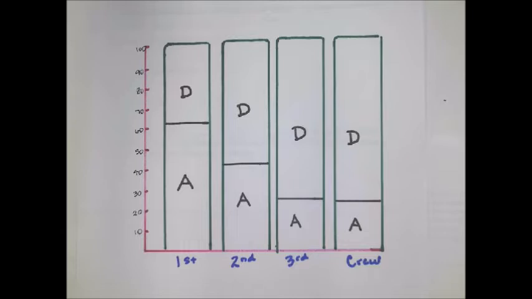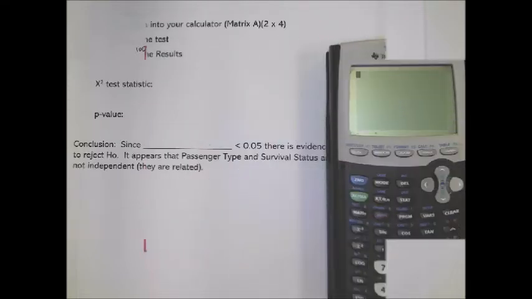But if they were in noticeably different places, we said the variables appear to be not independent. Okay? It matters what type of passenger you were on the ship when it came to whether you lived or died. So there's the picture we're working with, and we're going to turn that into the chi-squared test of independence.